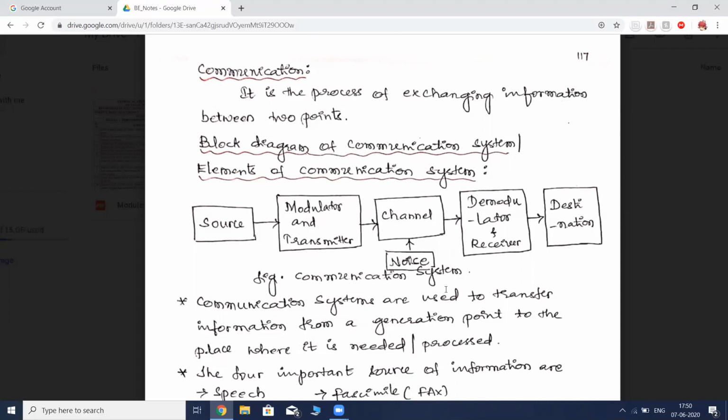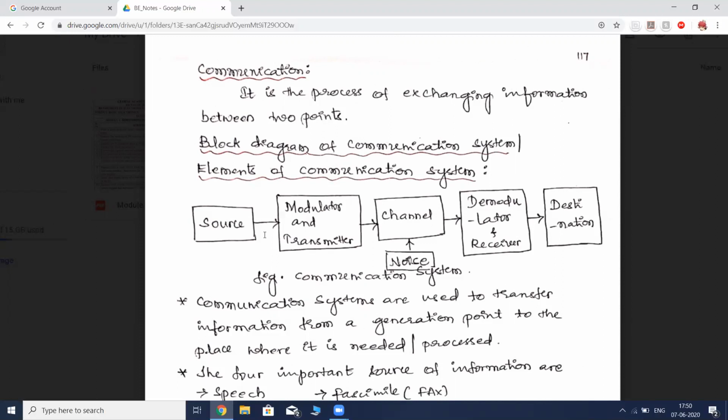Here, the communication system is going to carry our information from the source to the destination. First let us see what types of sources we have for the information. Generally there are four important sources of information.